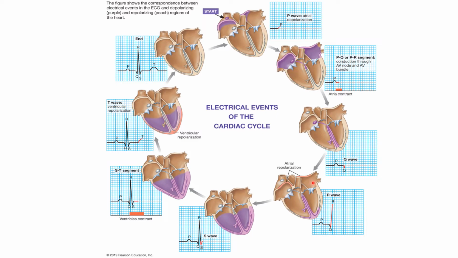So as you're getting that QRS wave on the ECG diagram, this is when the atria are repolarizing and relaxing. So this right here is the electrical events taking place during our cardiac cycle, and this explains kind of how we are getting those waves on our ECG.